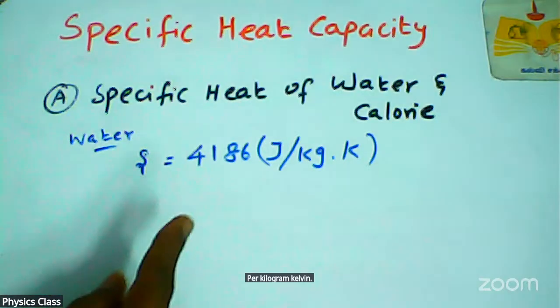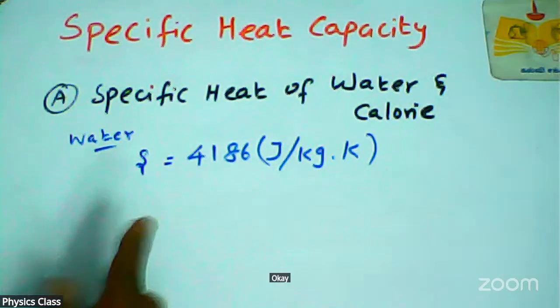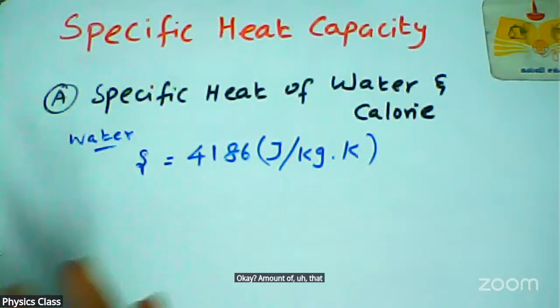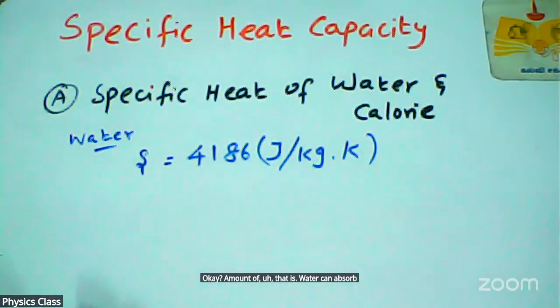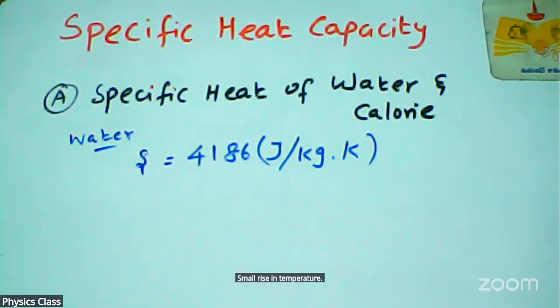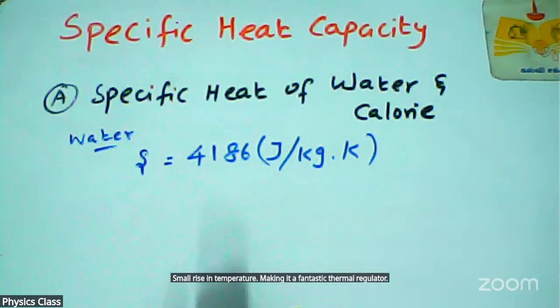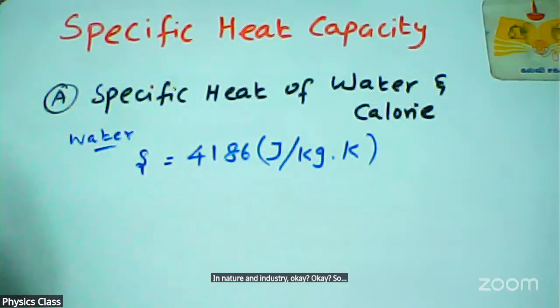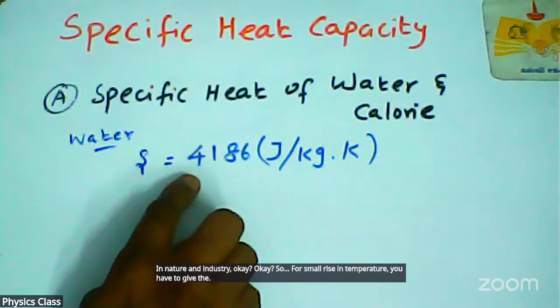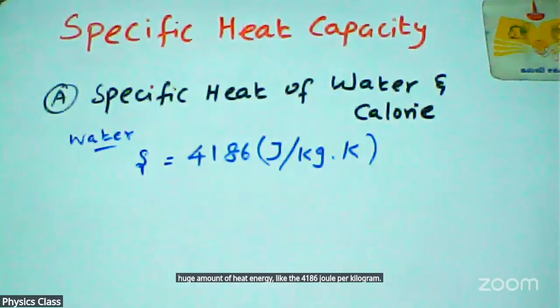This means water can absorb a huge amount of heat energy with only a small rise in temperature, making it a fantastic thermal regulator in nature and industry. For a small rise in temperature, you have to give a huge amount of heat energy.